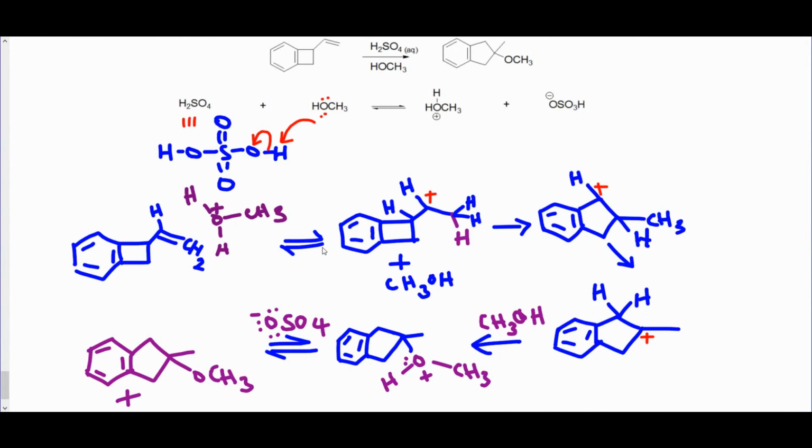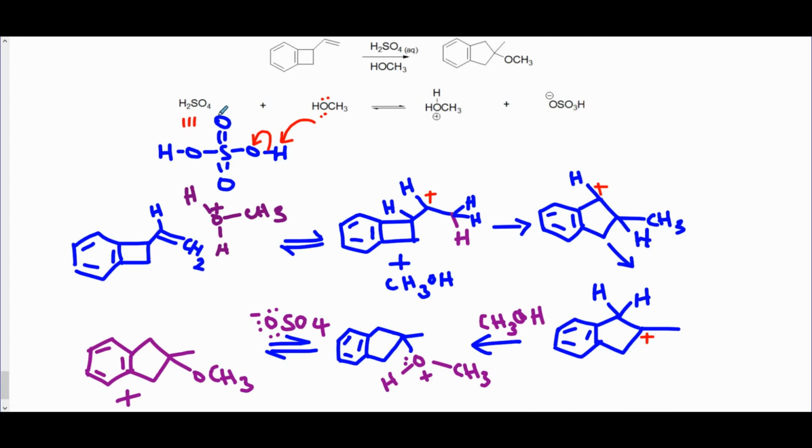Okay, here is another question. Suppose you are asked to explain the synthesis from here to here, again involving ring expansion during this reaction, where you want to form an ether, because this is an ether group, an oxygen between two carbons, in the presence of sulfuric acid and methanol.